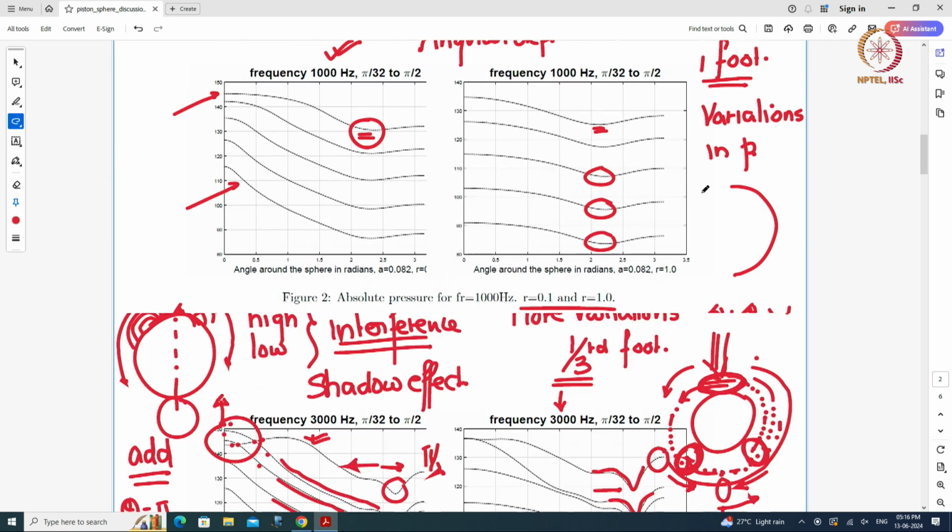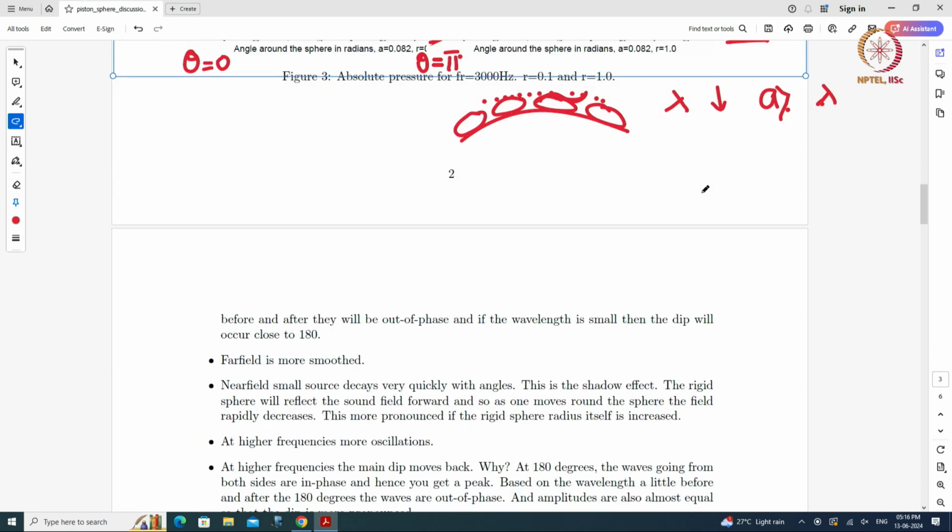However, just before and after they will be out of phase, and if the wavelength is small, then the dip will occur close to 180 degrees. Then the far field is smoothed out, that we have seen, because in the far field many parts of the radiator are reaching that point, so there is a smoothing effect.